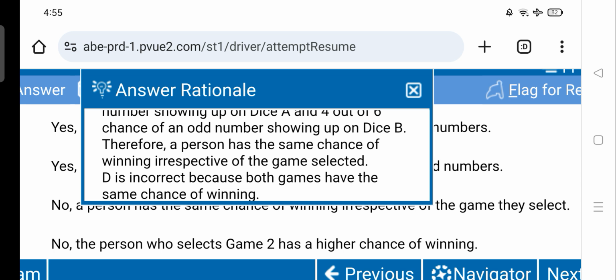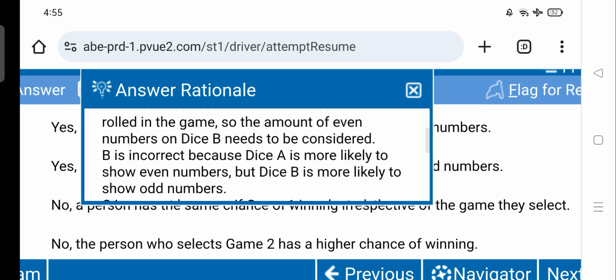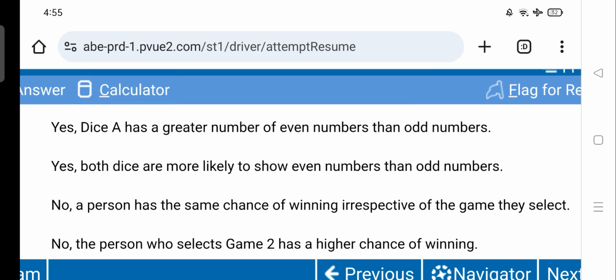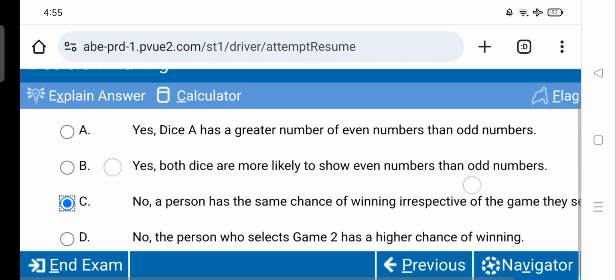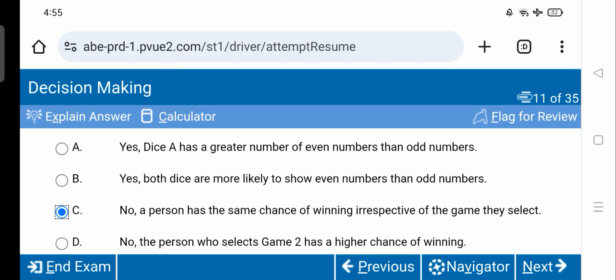D is incorrect because both games have the same chance of winning. So here we have, the correct option is option C, which says no, a person has the same chance of winning irrespective of the game they select.